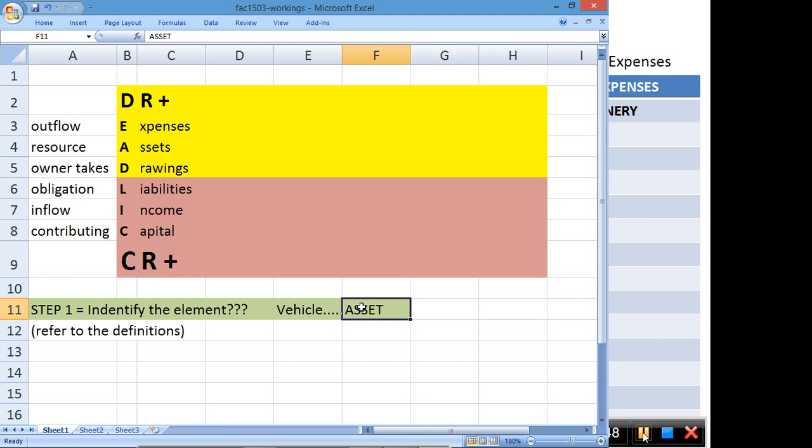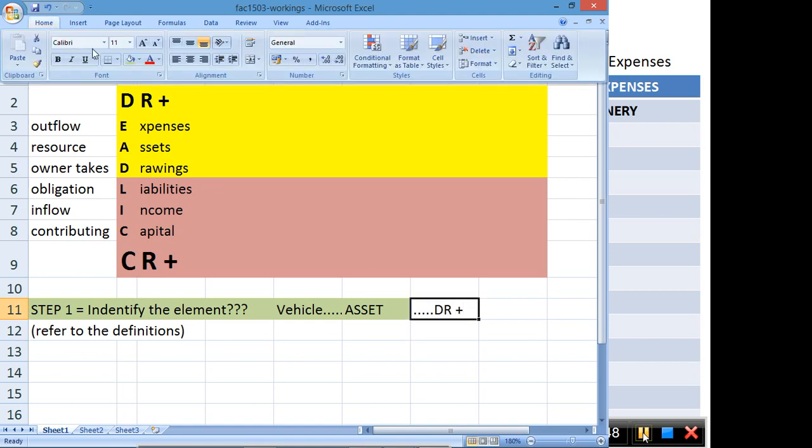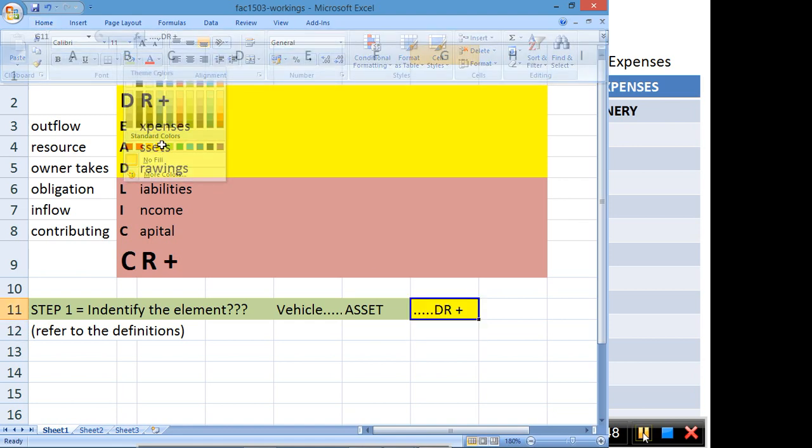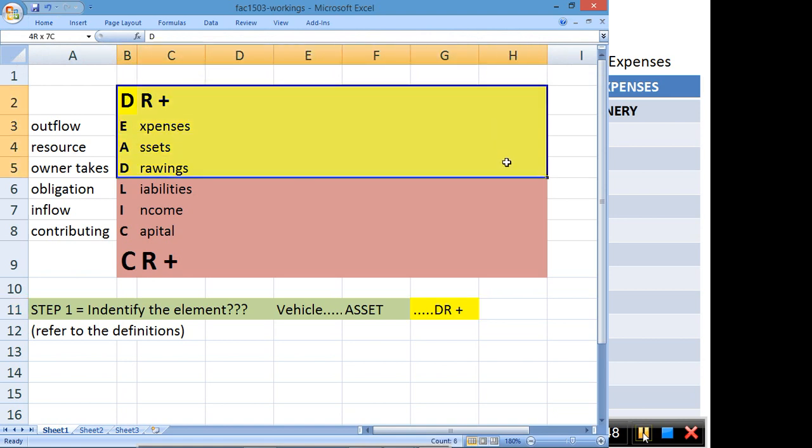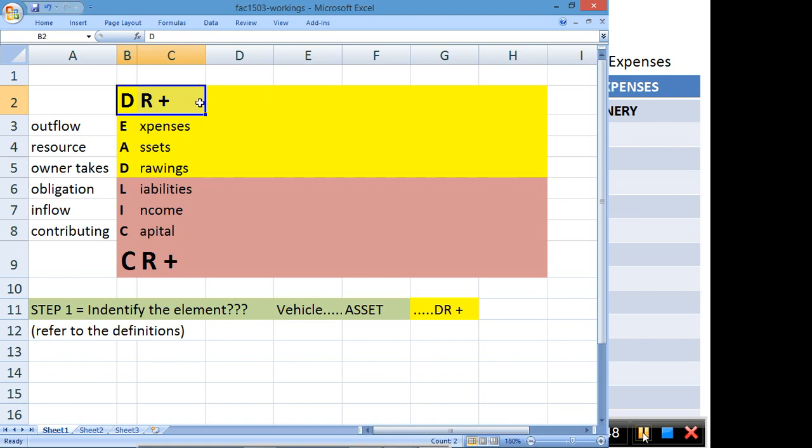Now I need you to tell me, where do assets have positive side? On the debit side. Assets have a debit plus. How did you know that? It came from the DEDLIC. DEDLIC means you're debiting expenses, assets, drawings. You're crediting liabilities, income, capital.